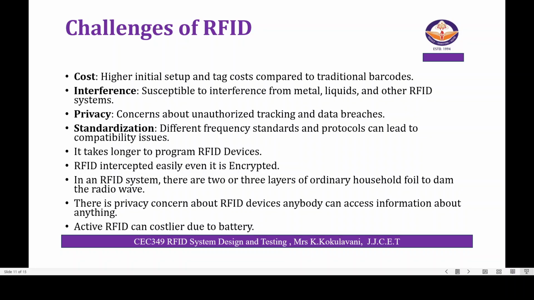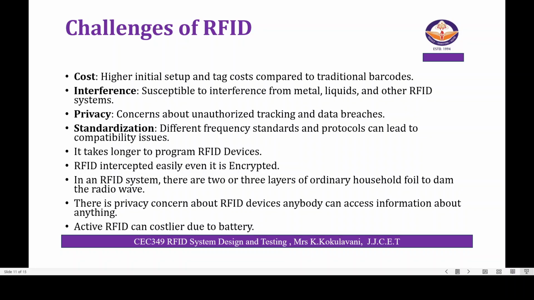Privacy means concerns about unauthorized tracking and data breaches. Standardization: different frequency standards and protocols can lead to compatibility issues. It takes longer to program RFID devices, because only when programmed can we incorporate the RFID tags database in a computer system. RFID can be intercepted easily even if it is encrypted.